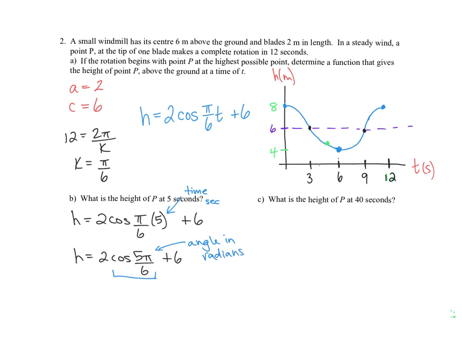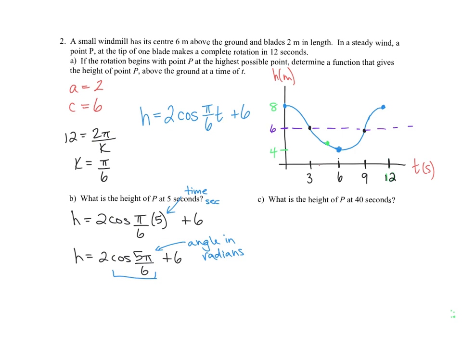I just subbed 5 in for seconds, but then all of a sudden on our next line we're saying cos of 5 pi by 6. I'm about to draw a unit circle for that because that's in radians. If that's causing a red flag for you, and you're going, I believe you, but I'm not quite sure why, let's take a moment to talk about that.